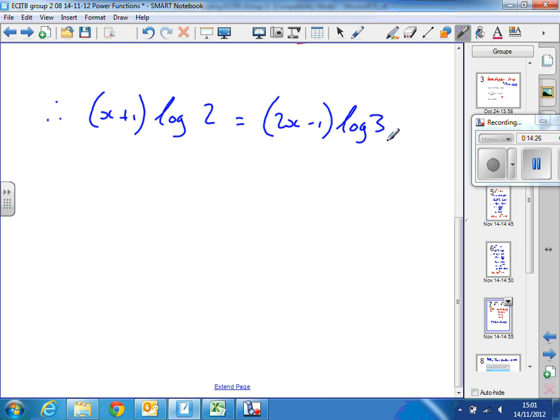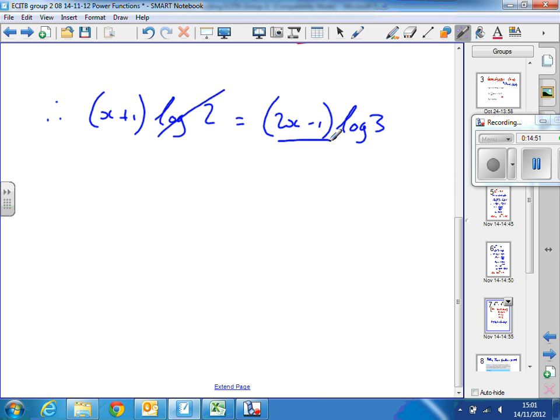The best thing to do is to divide both sides either by log 3 to get rid of log 3 on this side and leave divide by log 3 over here, or the other way around. The question is, which is the most convenient way to do it? If I divide both sides by log 2, I've got log 3 over log 2 times this bracket.